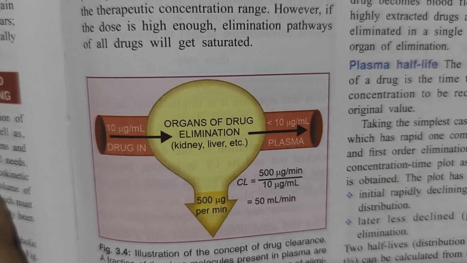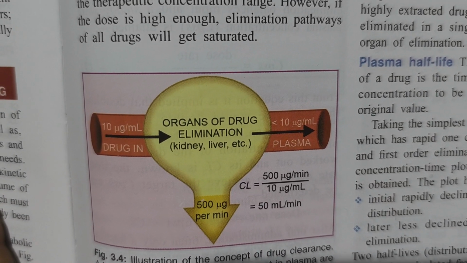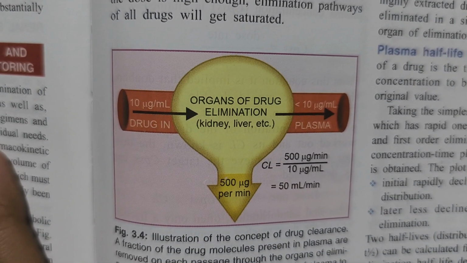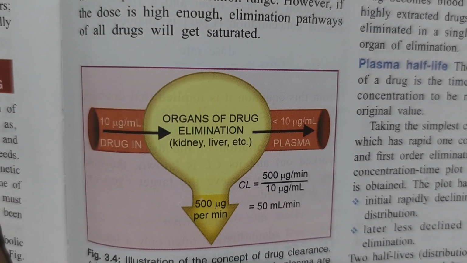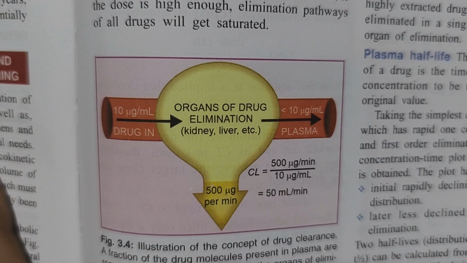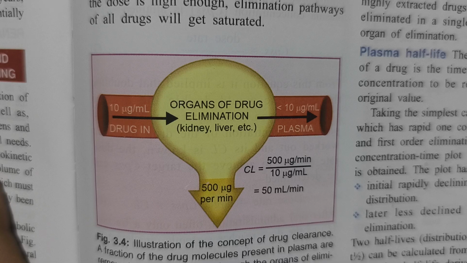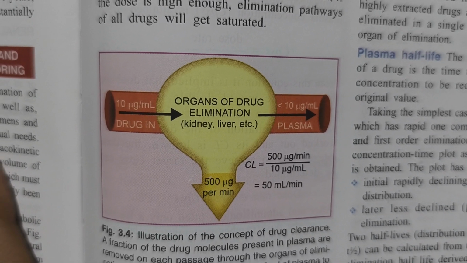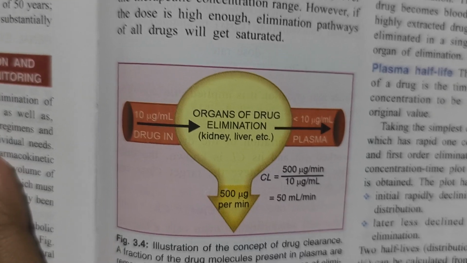Organs of drug elimination are kidney, liver, etc. 500 microgram per minute is filtered, and less than 10 microgram per ml goes back into the plasma. So the clearance is 500 microgram per minute divided by 10 microgram per ml, that is 50 ml per minute.